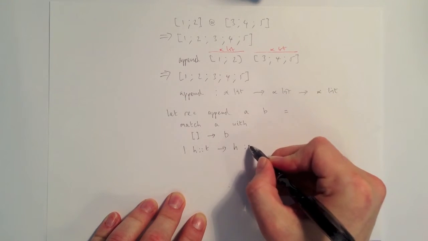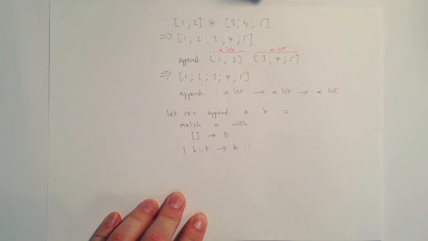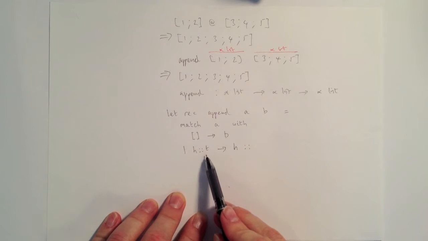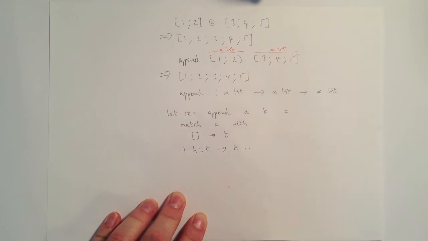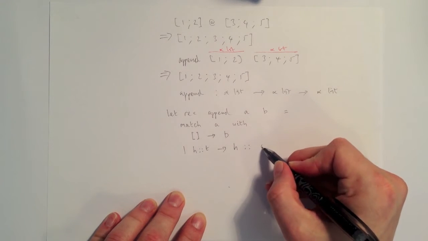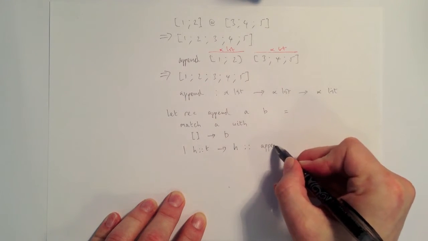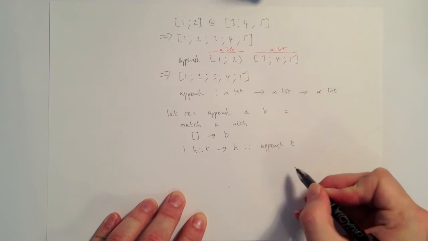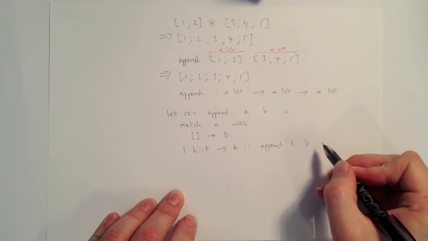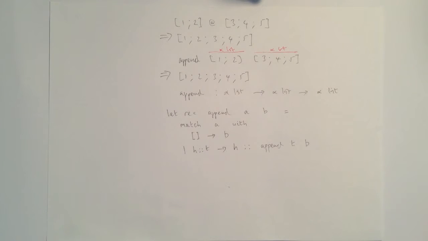And what else do we want? Well, we still want all the things that are in T, and we still want all the things that are in B in the correct order. So the appropriate thing to do is to append T to B. And by recursion this will work.